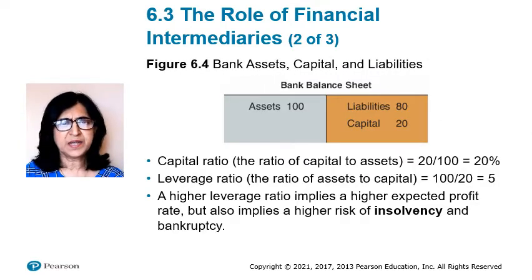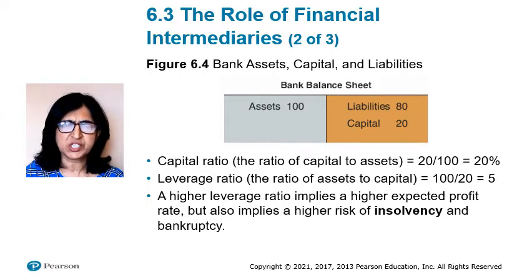To understand why, let's first focus on banks and start in figure 6.4 with a much simplified bank balance sheet. Figure 6.4 shows a sample commercial bank's assets, capital, and liabilities. The bank balance sheet consists of two columns, one on the left and the other on the right.